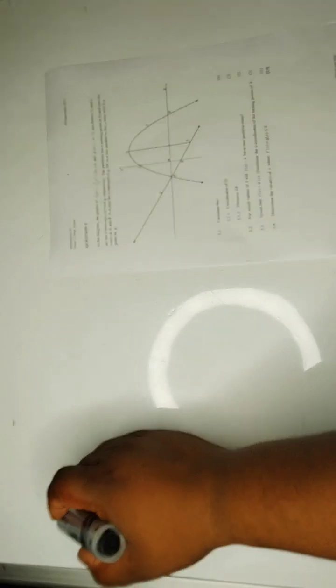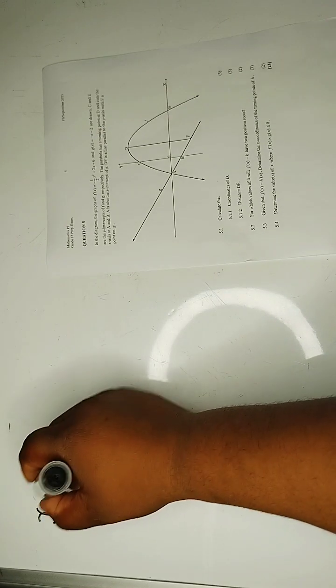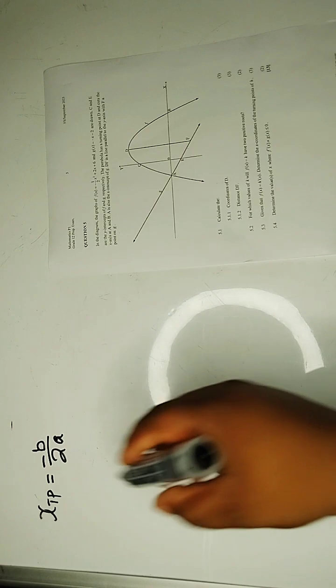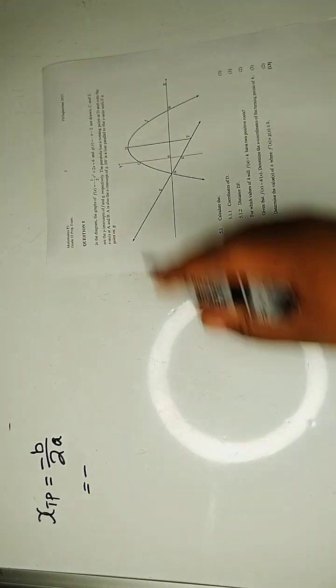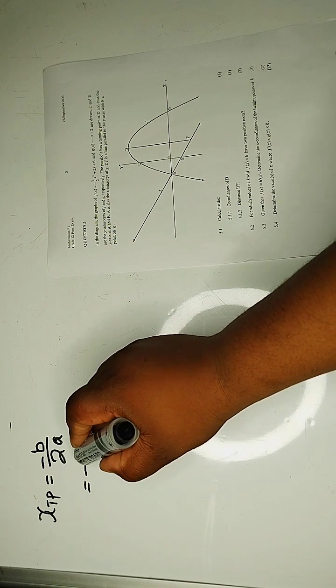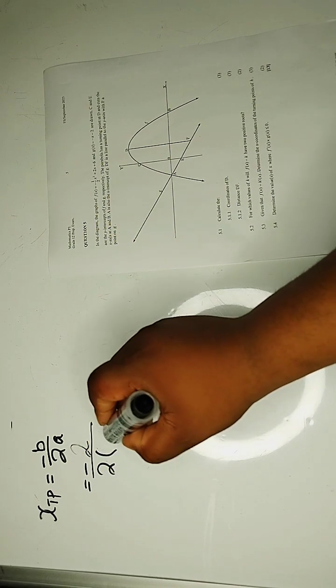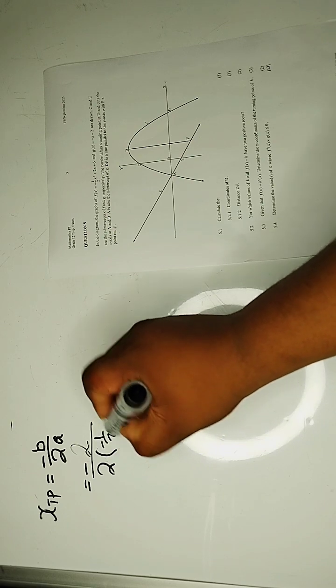Okay, number 1, we know that when you calculate a turning point, grade 12, you use the x of a turning point, or x of symmetry, which is minus b over 2a. So this will be minus, I have my b is 2, over 2 into negative 1 over 2.